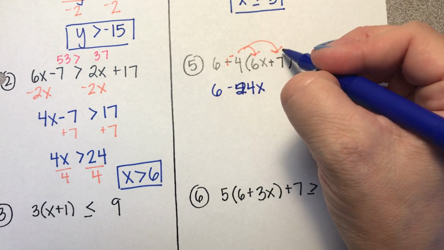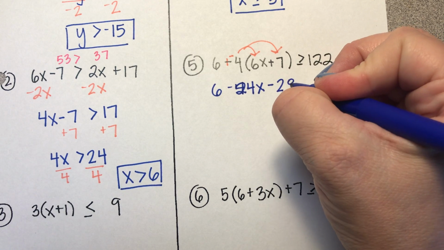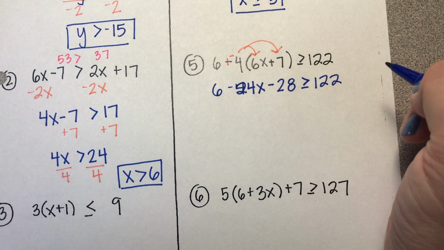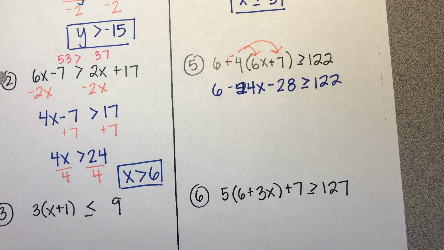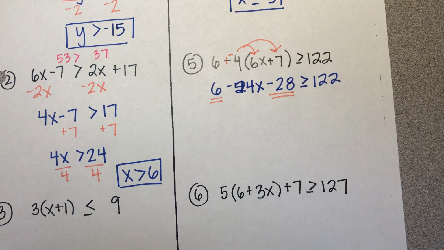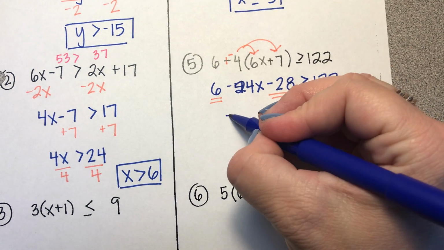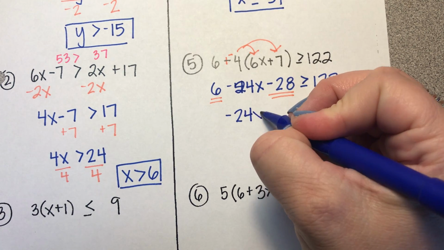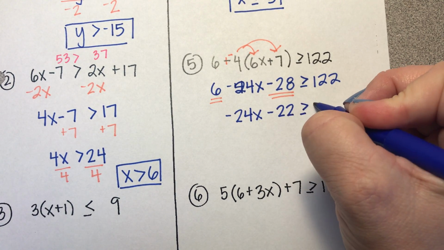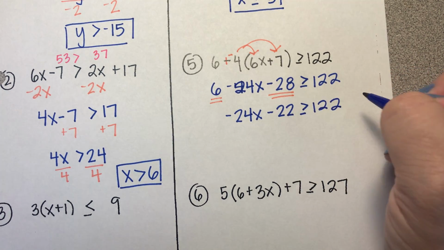And then negative 4 times negative 7 is plus 28, greater than or equal to 122. So what like terms do I have? I can combine 6 plus 28. So now I have negative 24x minus 22 is greater than or equal to 122.